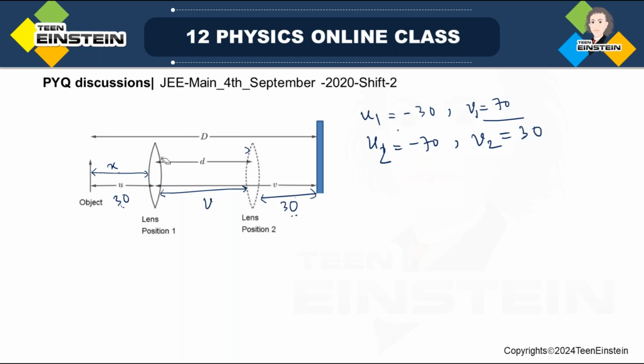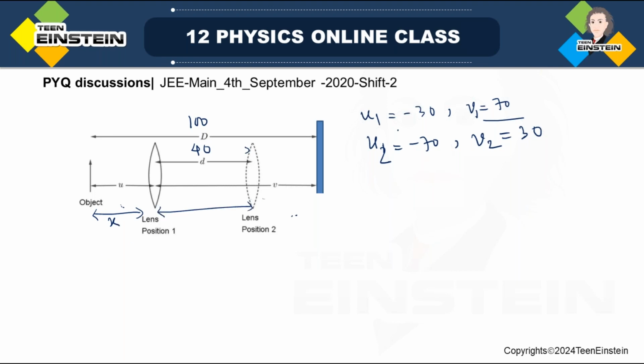So let me repeat this with x. See, this is 100, this is 40. I have to get two positions for the lens. So first position, say this is x. So what will be this much? This is 40.